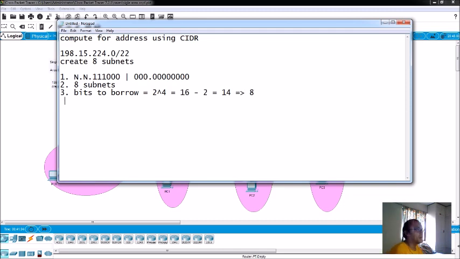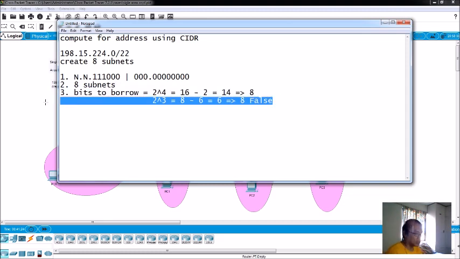If we borrow 2 raised to the power of 3, it is not sufficient, because it's only 8 minus 2, which gives only 6, which is not equal to or greater than 8. That's false. So we cannot borrow 3. That can never happen. So that is very clear.